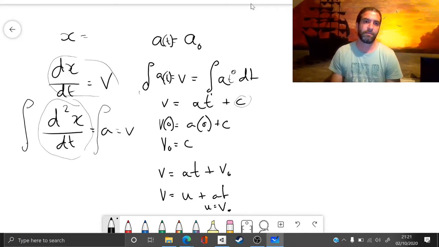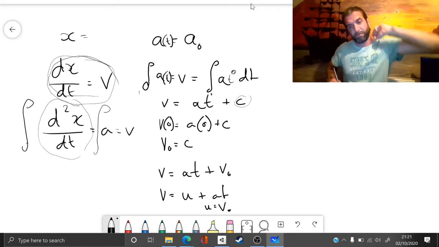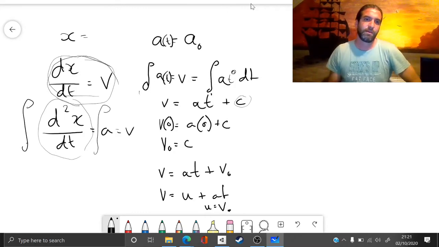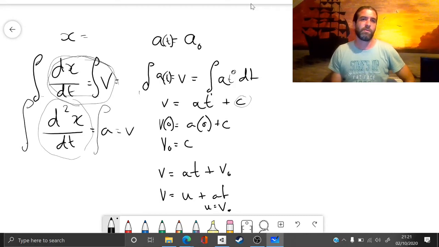Okay, the next step. The velocity is the derivative of position with respect to time. So what we need to do is take the integral of these, and then that equals x. So we're going to do that.